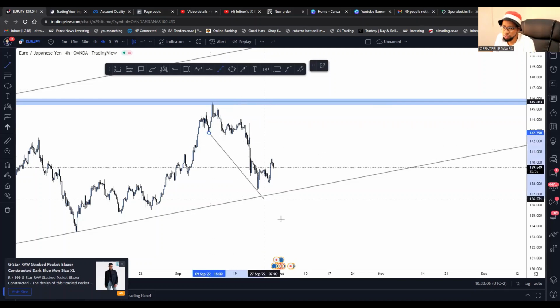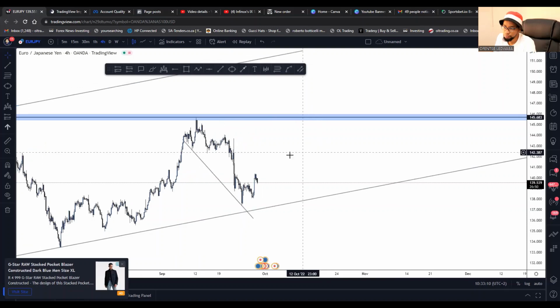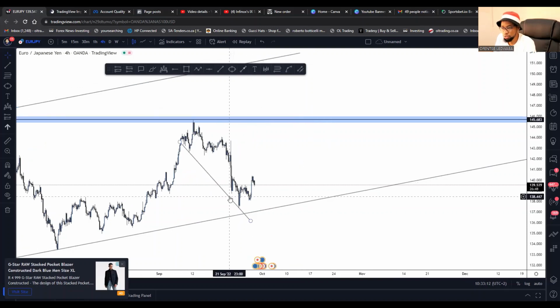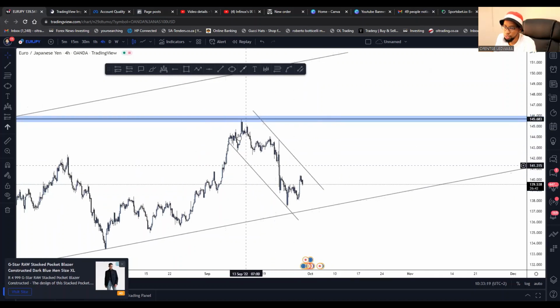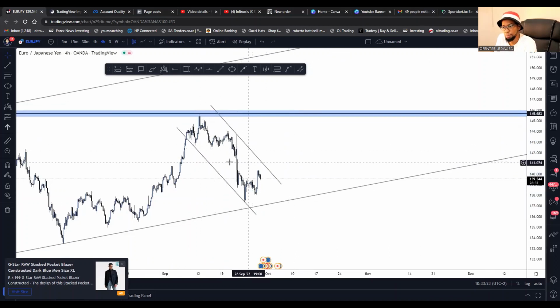So let's look at what is currently happening. What I'm currently seeing here is the market having this type of trend inside the bigger overall trend.